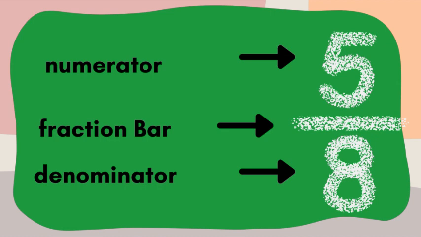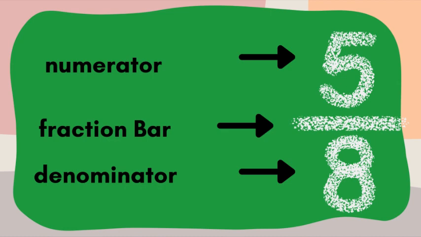So we have 5/8 as a fraction. The number 5 at the top represents the numerator, the number of pieces we have. So the top number is the numerator. This number shows how many pieces we have of the whole pizza. Here we have 5 parts of the whole in the fraction.